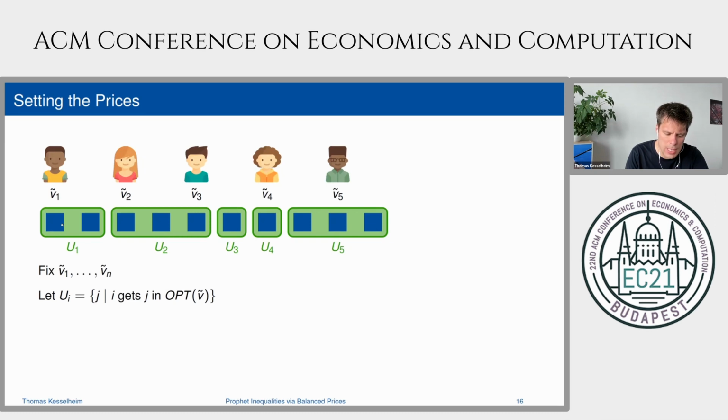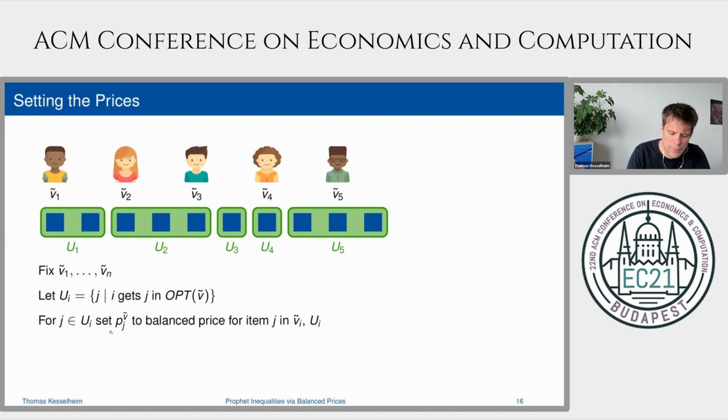Then, of course, each item is contained in at most one of these sets Ui. Maybe we can even say it's contained in exactly one, because this optimum is partitioning the items among the buyers. And this is what we're using to define the actual item prices.